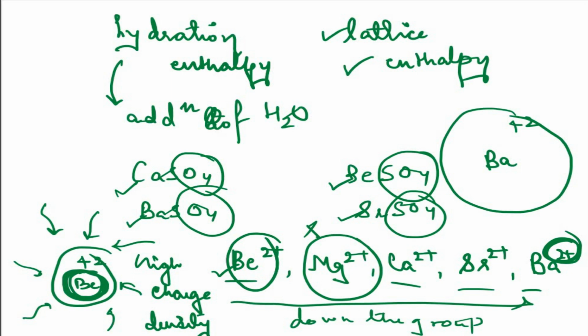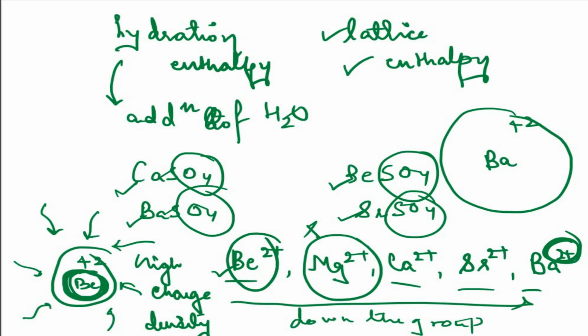So for them, the overlap between the atoms will be strong, and they will want to form that sulfate, which will be a stable species. But in case of beryllium, that will not be a stable species because beryllium is a very small entity, so its lattice energy will be lesser, whereas its hydration energy will be much higher as compared to its lattice energy.